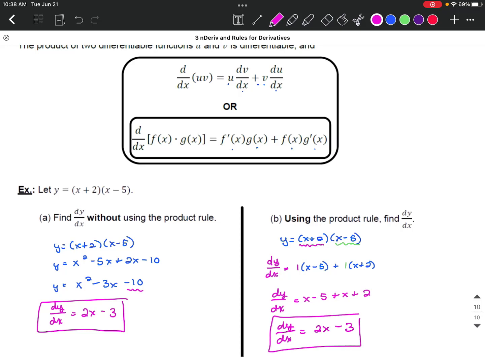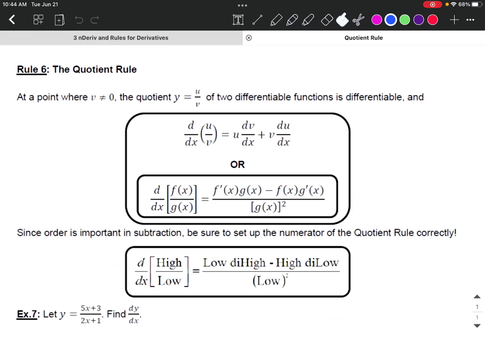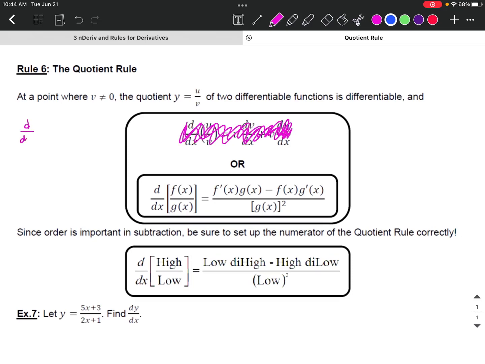Isn't that awesome? Okay, one more rule would be the quotient rule. At a point where the denominator is not 0, the quotient y equals u over v of two differentiable functions is differentiable, and the derivative with respect to x of u over v is v times the derivative of the top with respect to x, minus keep the top times the derivative of the bottom with respect to x, over the bottom squared.